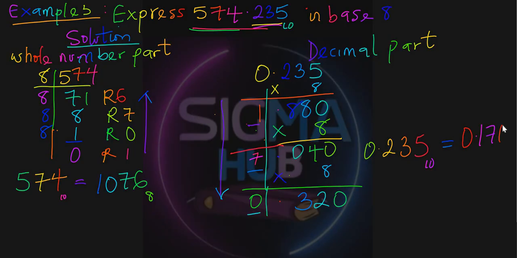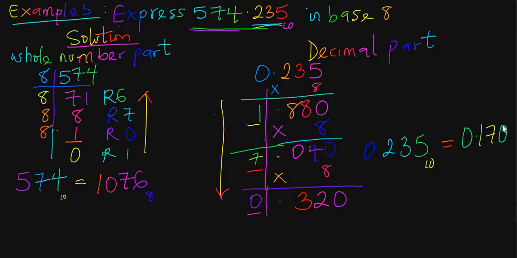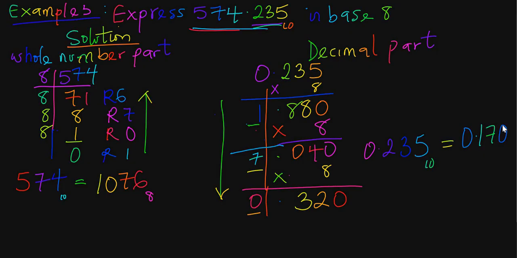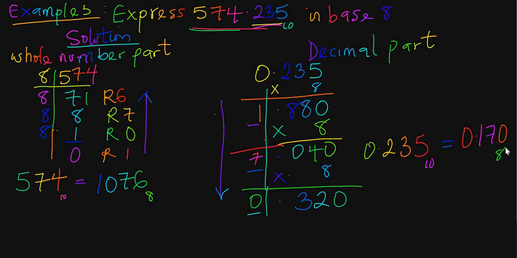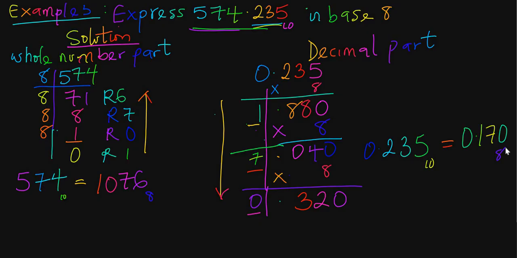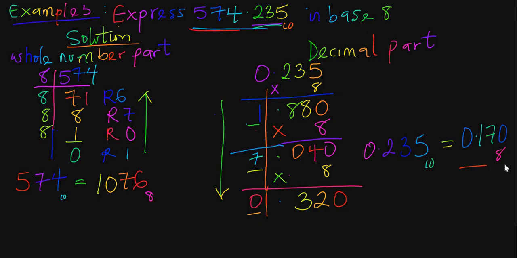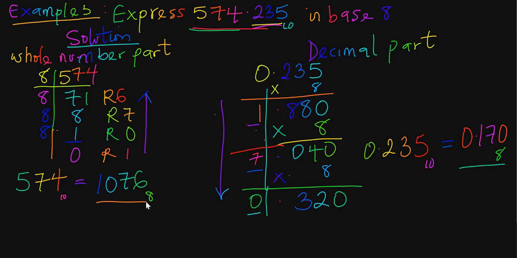1, 7, then 0 in base 8. This is what I'm going to merge with the first answer that I got for the whole number part. This is the answer for the decimal part, while this is the answer for the whole number part.